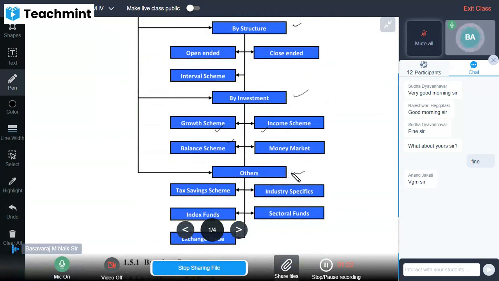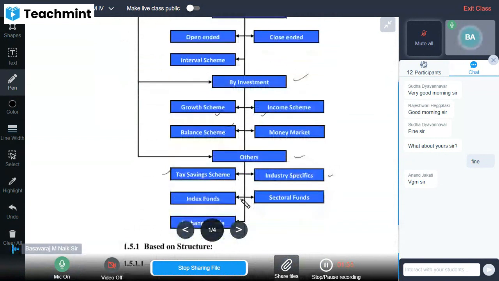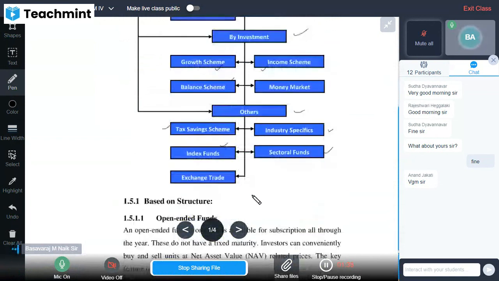There are also other schemes: tax saving schemes, industry specific schemes, index funds, sectoral funds, and lastly exchange traded funds, shortly known as ETF.